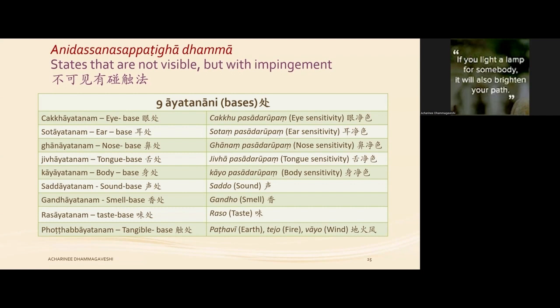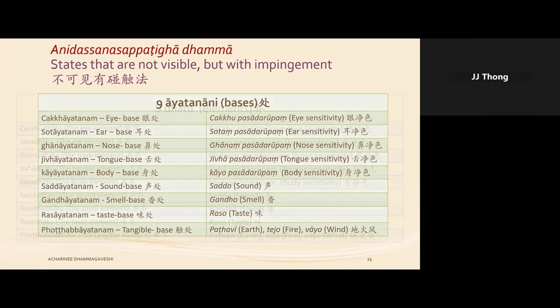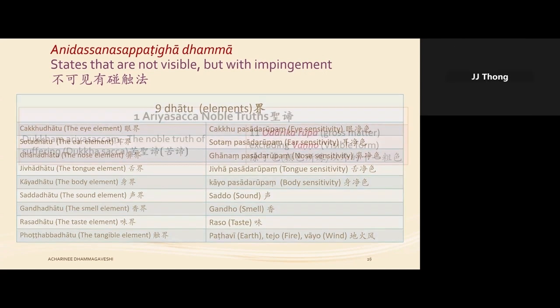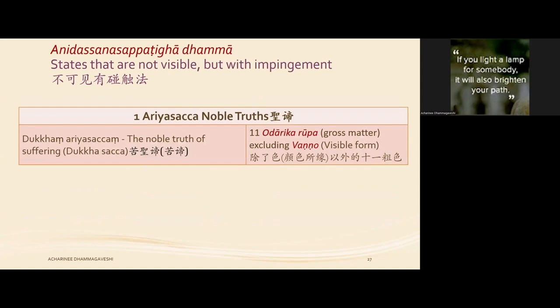So what is missing here is Rupayatana, which was classified under the first term. So the dhatu are also similar. We get 9 dhatu. And we get 1 Arya Satya. All 11 Odarika Rupa, excluding Vanu, are classified under Dukkha Satya.